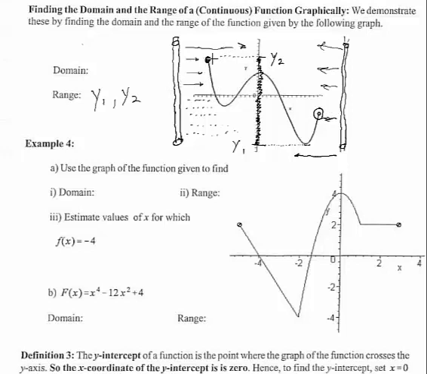This solid dot is actually one of the far limits of the range. However, this open dot is not. This value would actually be included in the range because this value pops up over here in this location. So I don't actually have a gap in the range because of this open dot.